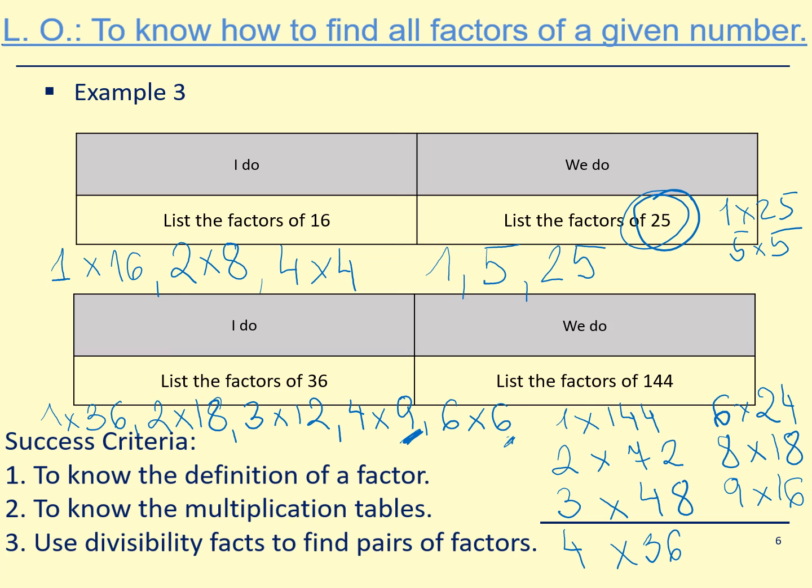Yes, it can be divided by 12, and it's going to be 12 times 12. And we're done. So these are all the factors of 144. If that's what you got, well done. That was an easy example. 144 has a lot of factors.